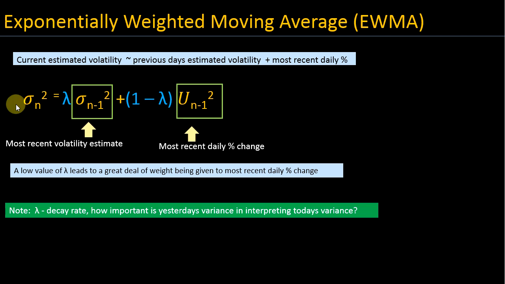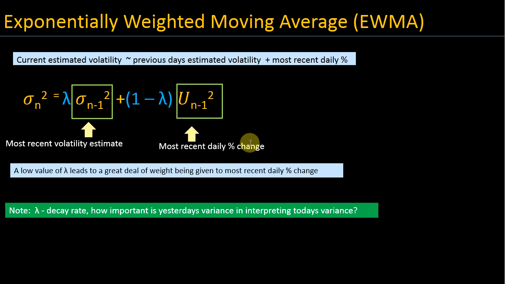So tomorrow's estimated volatility squared equals lambda times the estimated volatility squared of yesterday, in other words the most recent volatility estimate, plus 1 minus lambda times the square of the most recent daily percentage change.